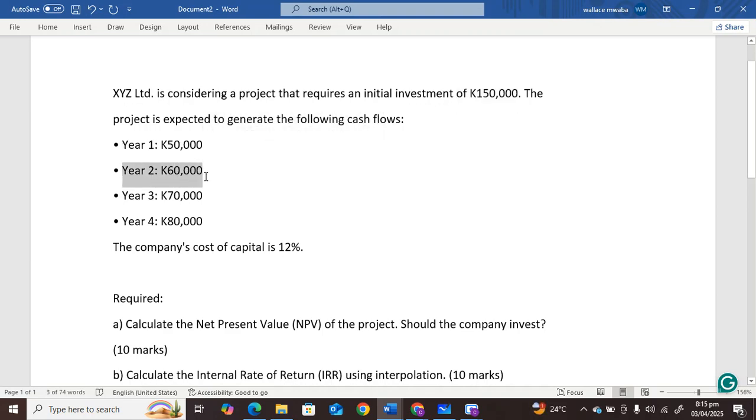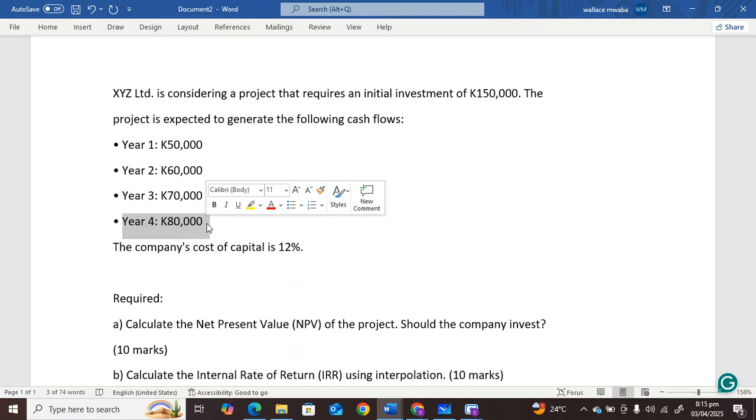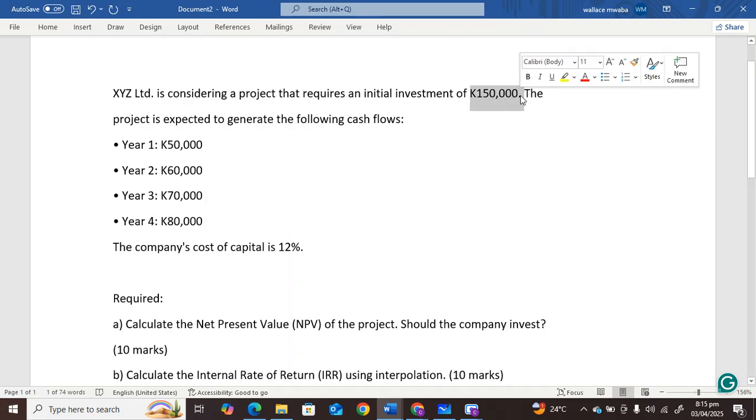In year two, 60,000. In year three, 70,000. In year four, 80,000. We have to convert this money into today's value, and compare it against this cost of 150,000.